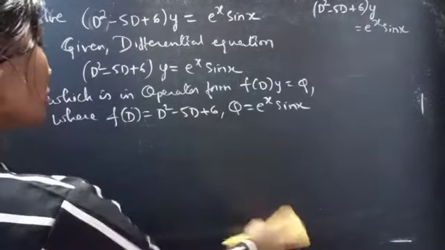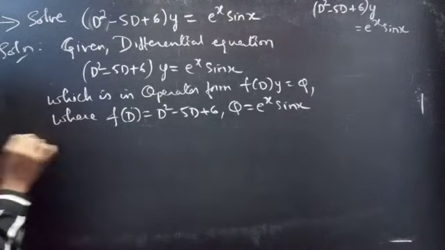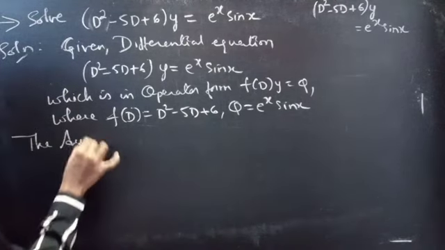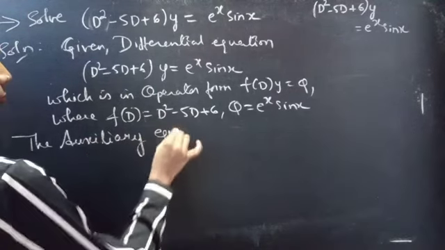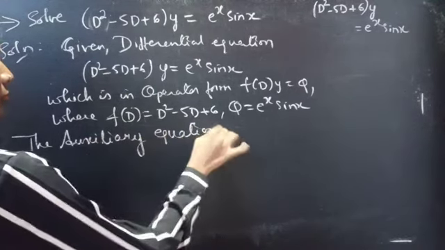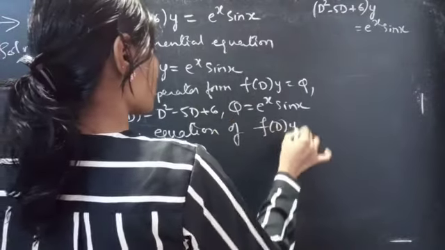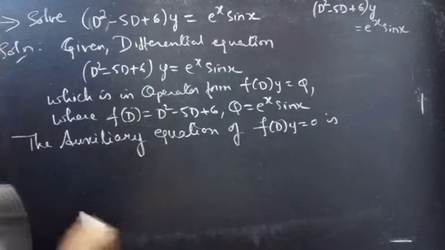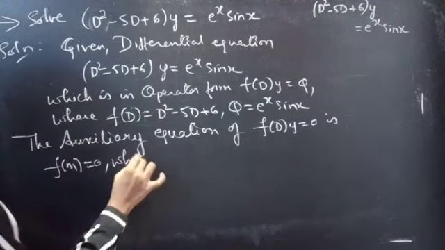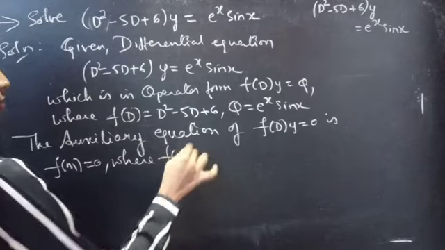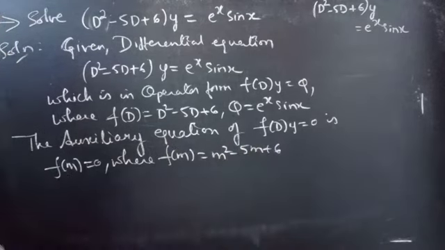the auxiliary equation. Firstly, we are going to find yc using the auxiliary equation. We know that the auxiliary equation of F(D)y = 0 is F(m) = 0, where F(m) = m² - 5m + 6.